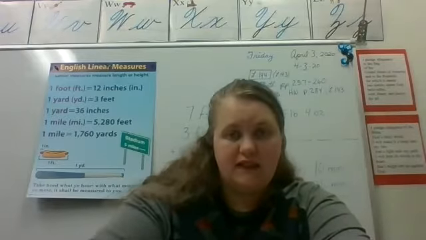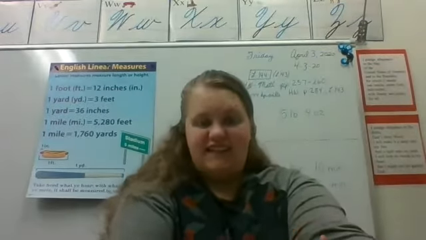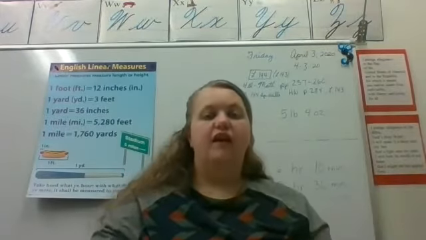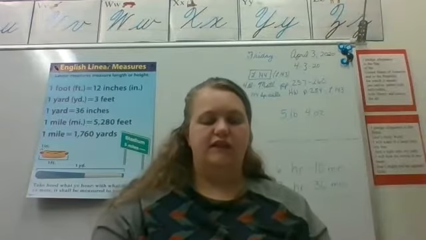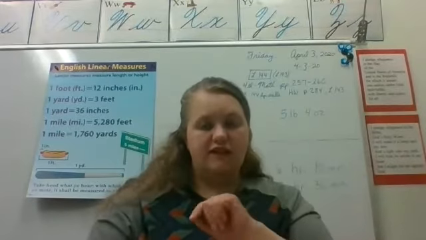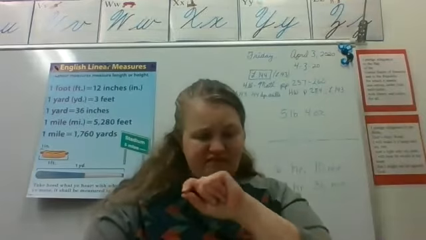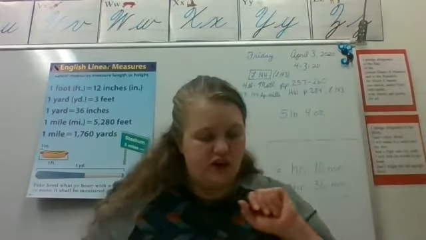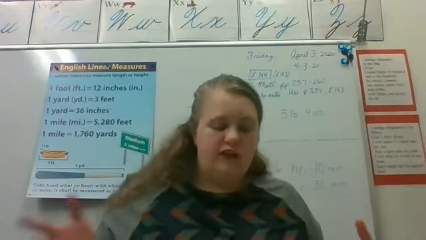So 70 minutes, how many minutes are in an hour? 60. So we can add an extra hour to the 5 hours, and then 70 minus 60 is 10 minutes. So we'd have 10 minutes on the one side. So we can cross out the 70 like they did, add 1 hour and 10 minutes, and we'll get 6 hours and 10 minutes, okay? And so that's the way to convert it when you're adding.